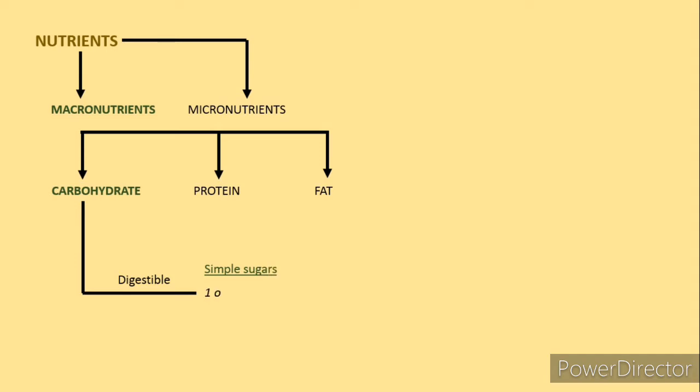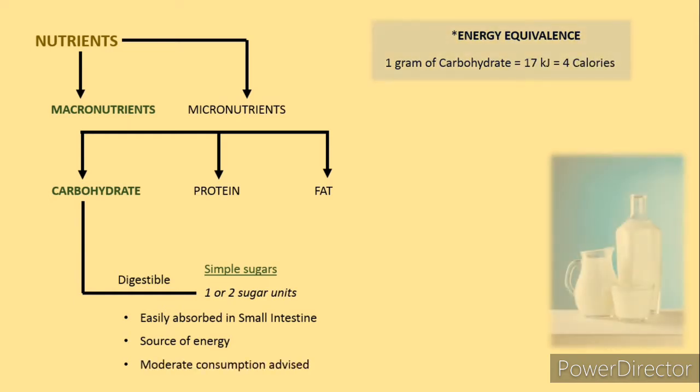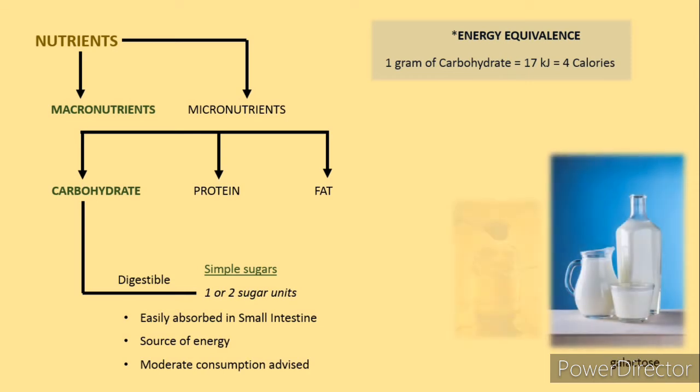Starting with the simple sugars, we can see that it provides us the energy because of the glucose and similar units. And if we were to measure this energy, we could find that 1 gram of carbohydrate is measured to be 17 kilojoules or 4 calories that we can find in food.